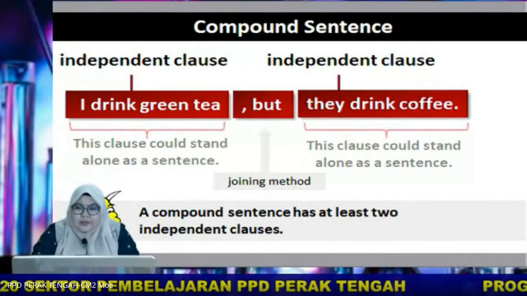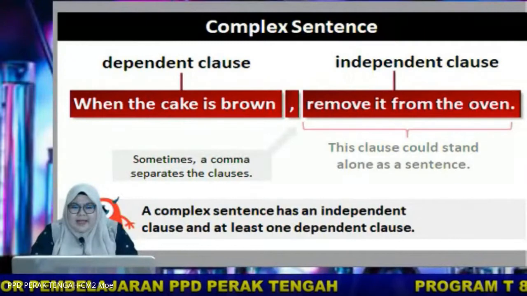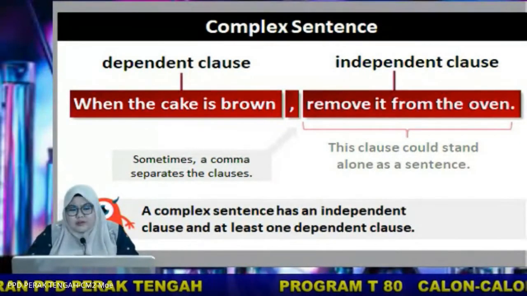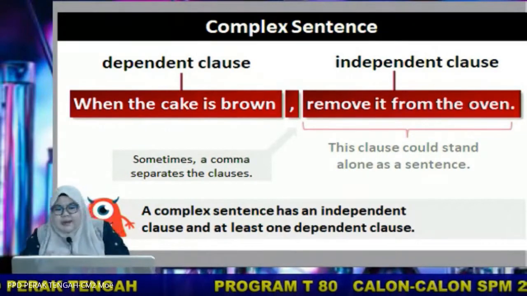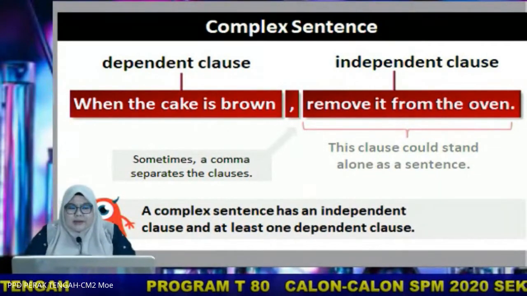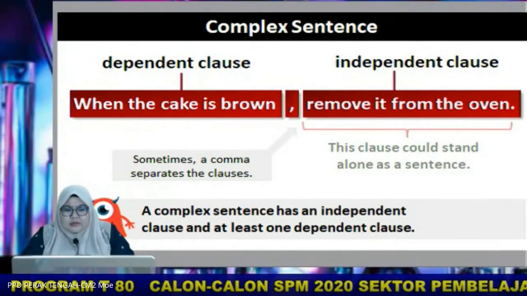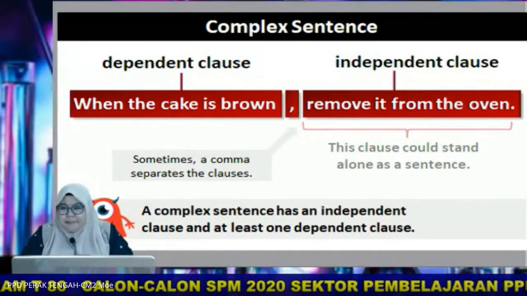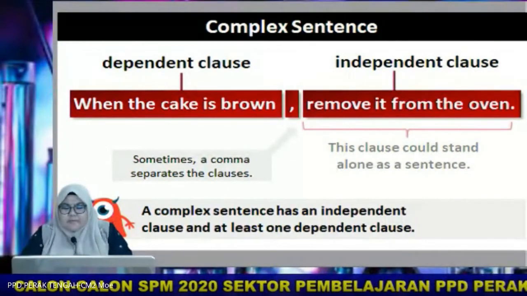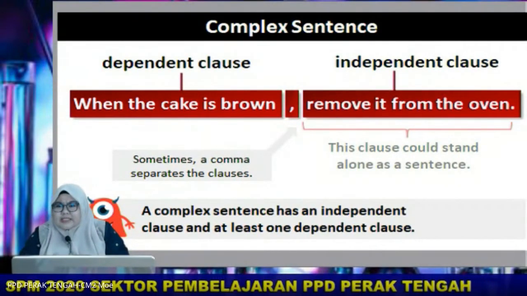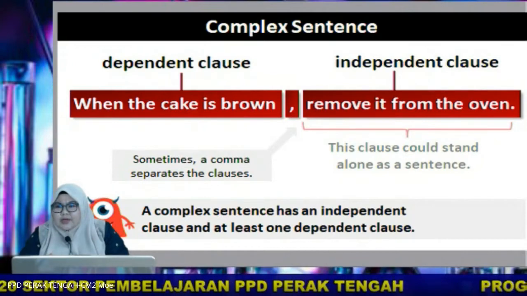Okay? All right. Complex sentence. For a complex sentence, we have a dependent clause and then an independent clause, meaning it cannot stand on its own. "When the cake is brown," sometimes a comma separates the clauses. "Remove it from the oven" is the independent clause. This clause could stand alone as a sentence.